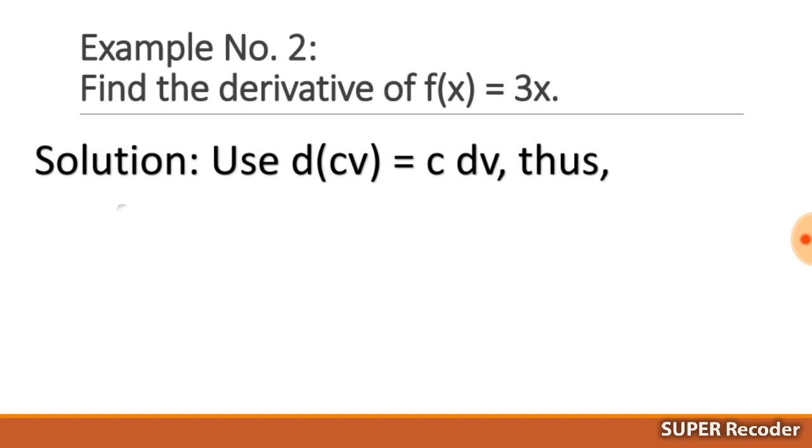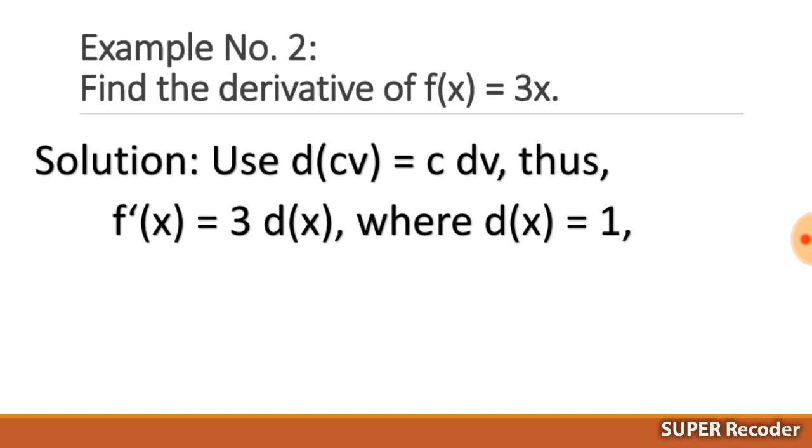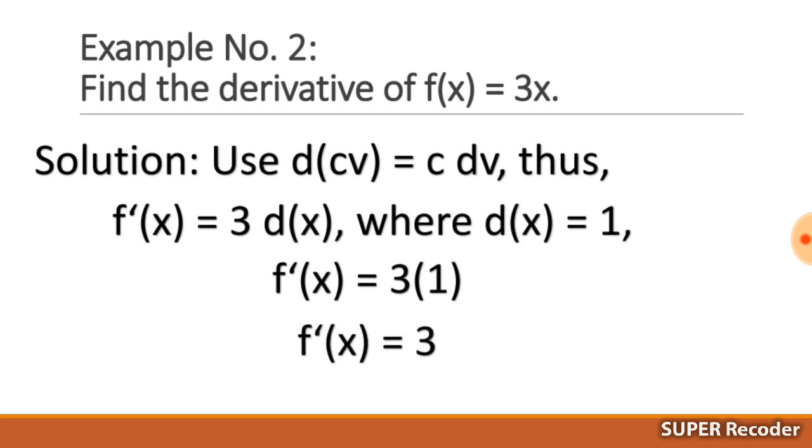So f prime of x is equal to 3 multiplied by the derivative of x, where the derivative of x is equal to 1. So f prime of x is equal to 3 multiplied by 1, or simply, the derivative of f of x is equal to 3.